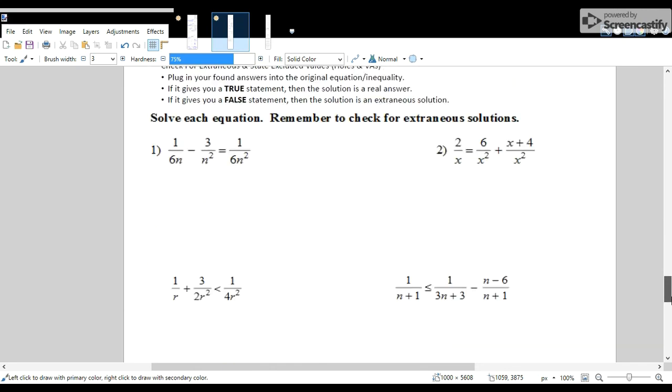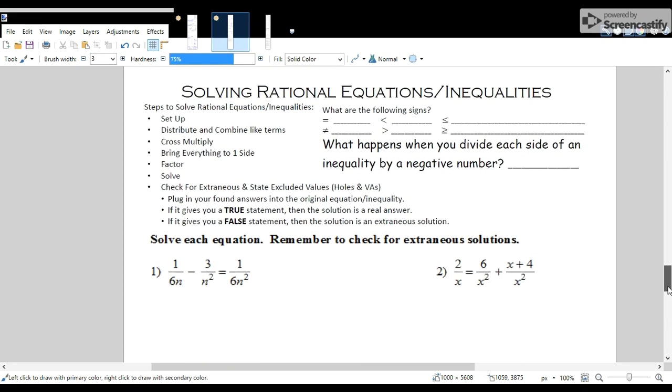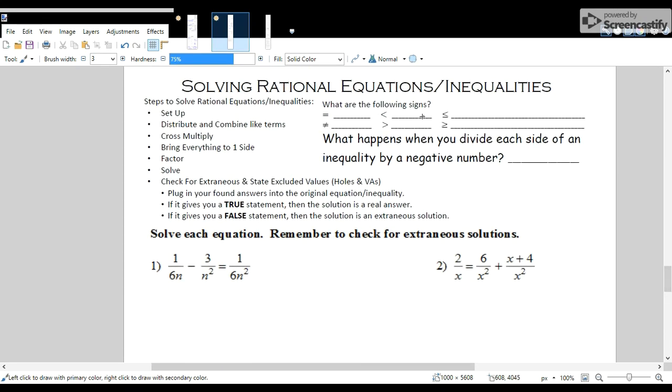Okay, let's go to the last page. Solving rational equations and inequalities.